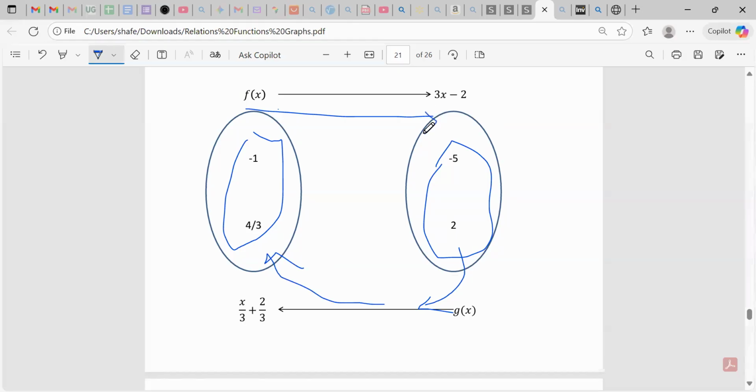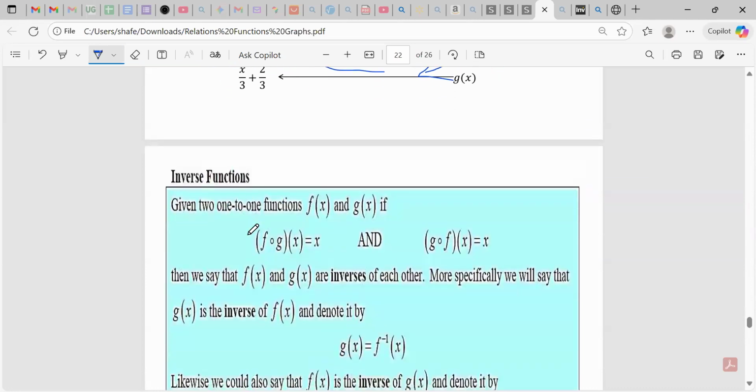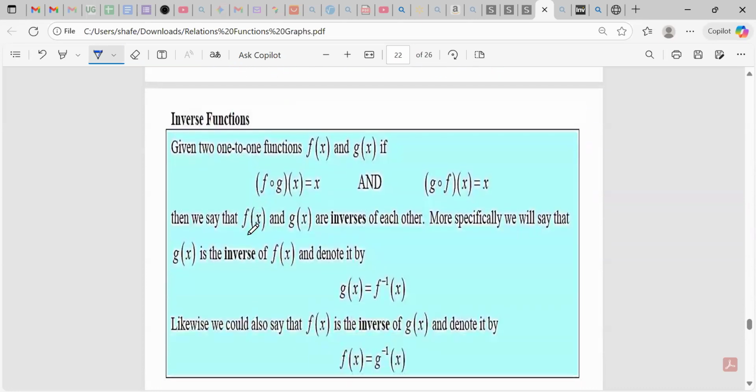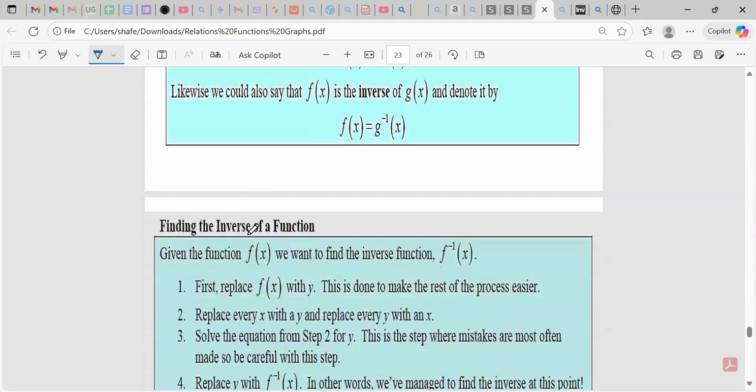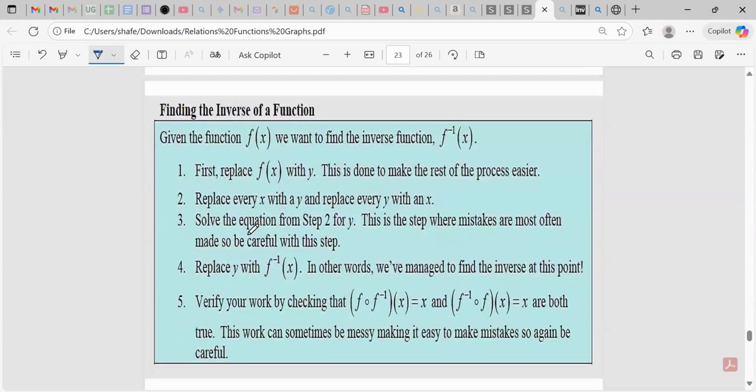So they seem to be working against one another. What one does, the other one undoes, right? And that's what inverse functions do. Good. Skip this a little. I want to go to the process.